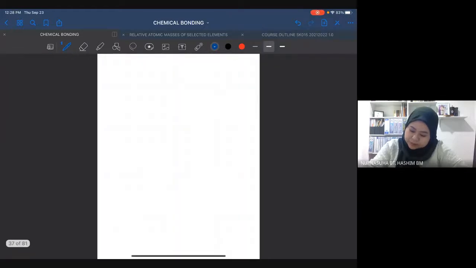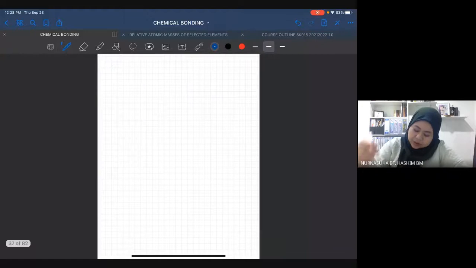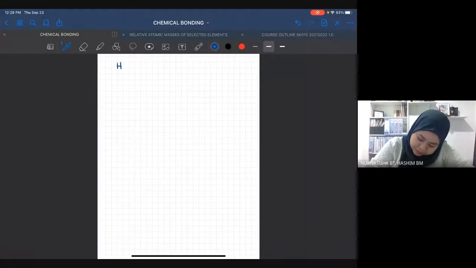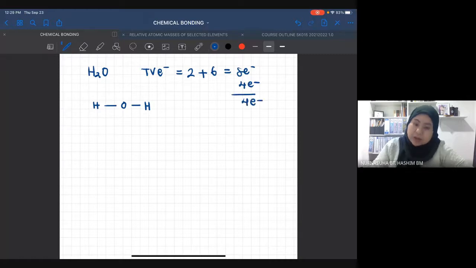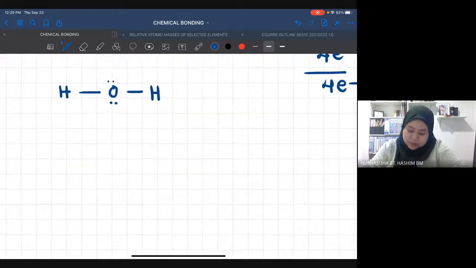Water. Okay, let's draw the total valence electrons for water. Water, hydrogen 2 plus 6, so the total is 8 electrons. So we draw the skeletal. 4 electrons. Remember, we cannot put electrons on hydrogen, so we put them on oxygen. Now look carefully.